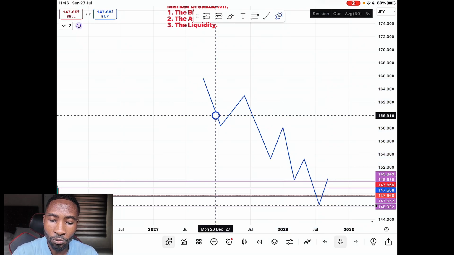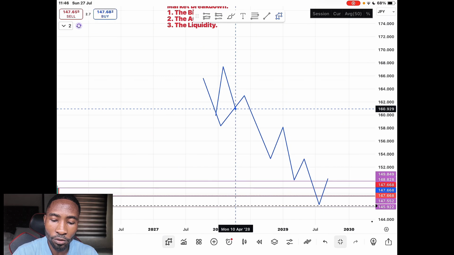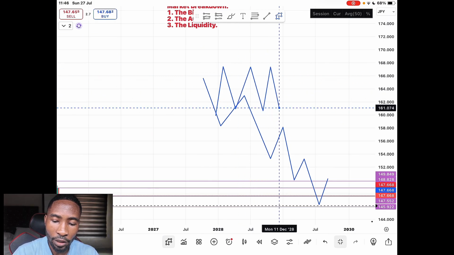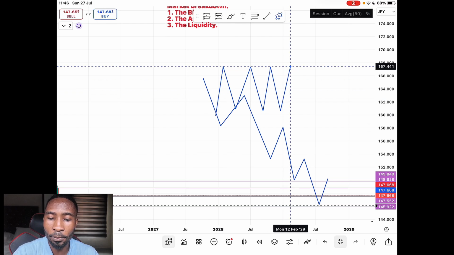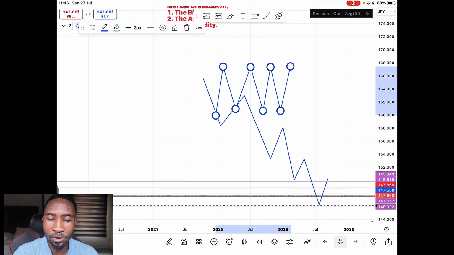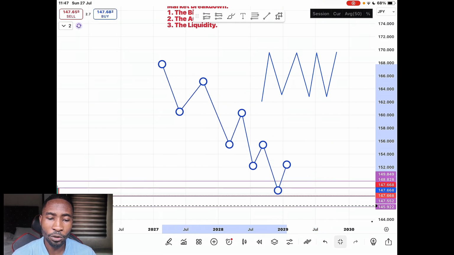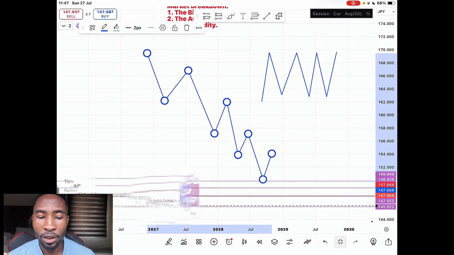Consolidating is when the market is moving from one zone to another and nothing surprising is going to happen in this area. These are the different types of market condition we have.